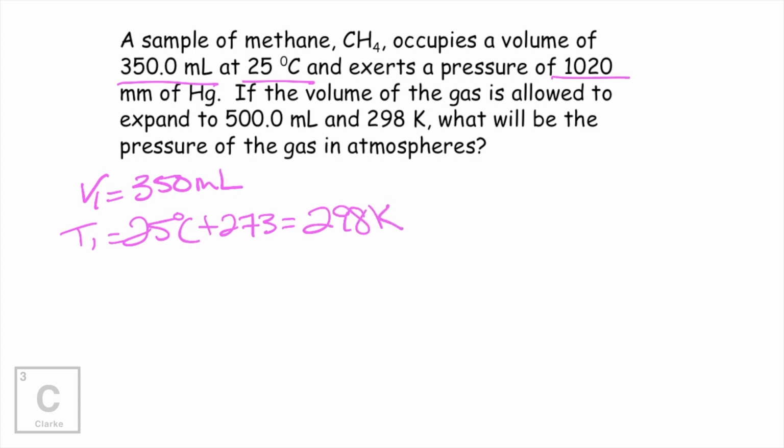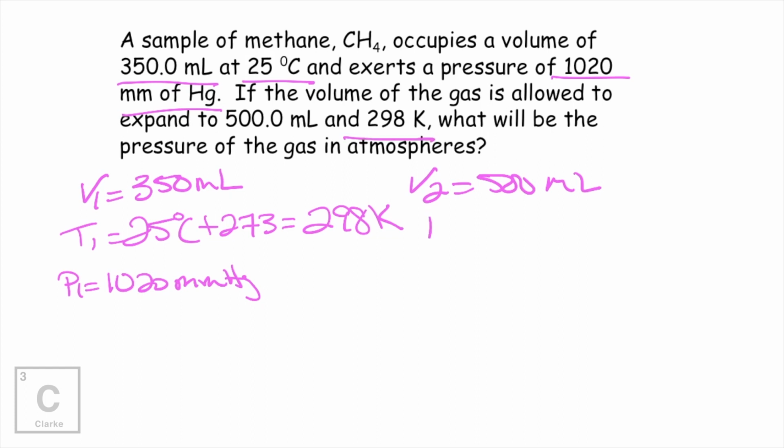We've got a pressure, but that's in millimeters of mercury. Pressure 1, we've got 1,020 millimeters of mercury. I'm going to keep reading. If the volume of the gas is allowed to expand, okay, volume 2, 500 milliliters, and we've got a new temperature, T2, 298. What will the pressure of the gas be in atmosphere?